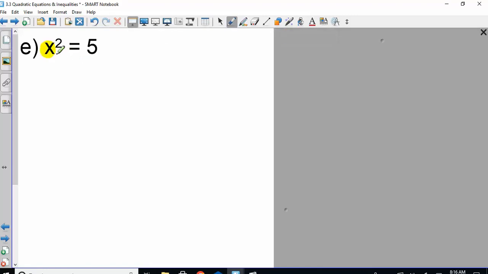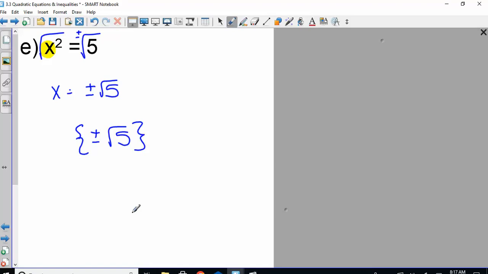In this one, we only have one x. It's right here. Could you get that x by itself? It's squared. The opposite of a square is a square root. If you add a square root, what do you have to put with it? Plus or minus. So we get x equals plus and minus the square root of 5. So those are my two solutions, positive and negative radical 5.